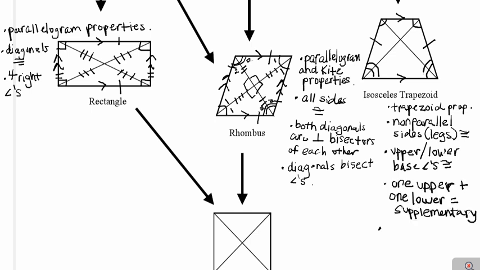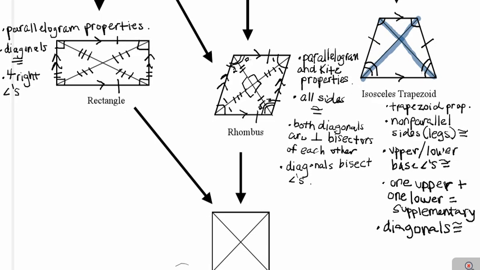The last thing that you have to know about an isosceles trapezoid is that the diagonals are congruent. I'm going to just use my highlighter to highlight the diagonals, here in blue, so that we know those are congruent to each other. So that's everything you have to know about an isosceles trapezoid.